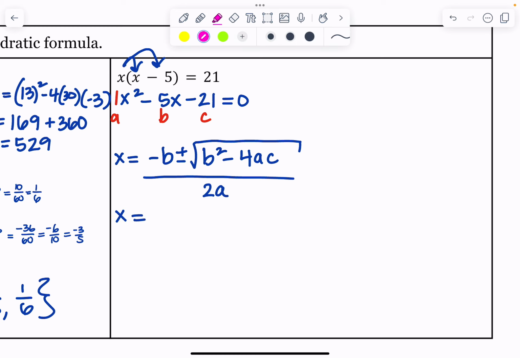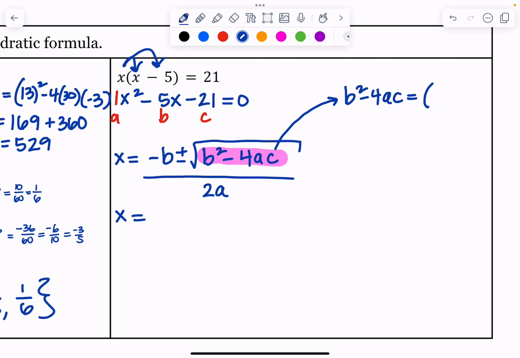So like I did before, I'm going to take this b squared minus 4ac, the discriminant, off to the side, just to keep my work a little bit neater. And so that's going to be negative 5 squared minus 4 times 1 times negative 21. So that's going to be 25 plus 4 times 21 is 84.